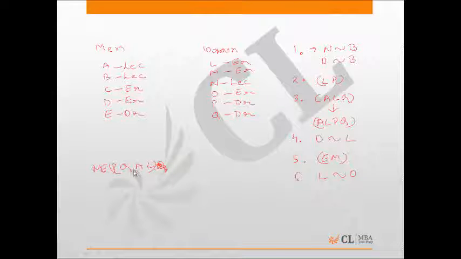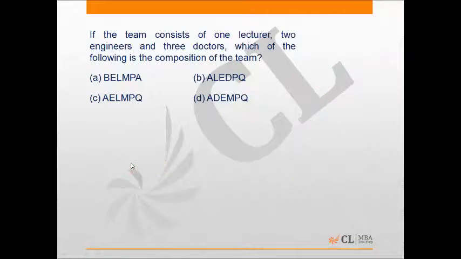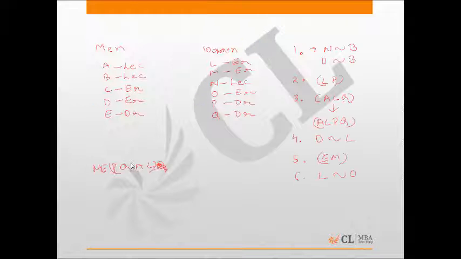Now, do these 6 people satisfy my condition? My condition was 1 lecturer and 2 engineers. I know that M is an engineer, E is a doctor, P is a doctor, Q is a doctor, A is a lecturer and L is an engineer.